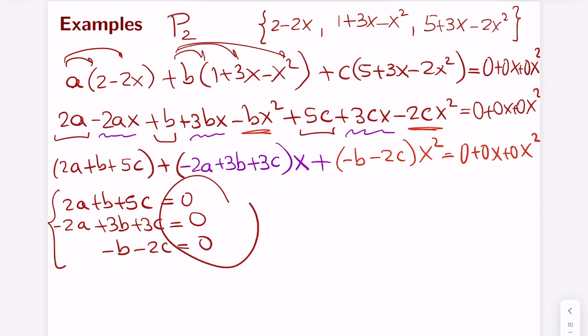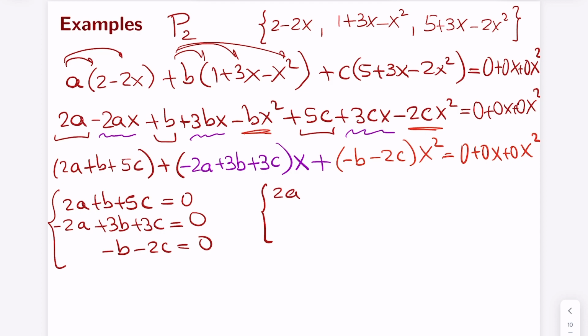Remember that a system equal to 0 is always going to have at least the trivial solution, but what we want to know is if this is the only one or there are more than that. So at this point, we can do several things, right? One of the things that you can do is to calculate the reduced form of this system. Here you have already the 0, you can see here easily the subtraction of these two.